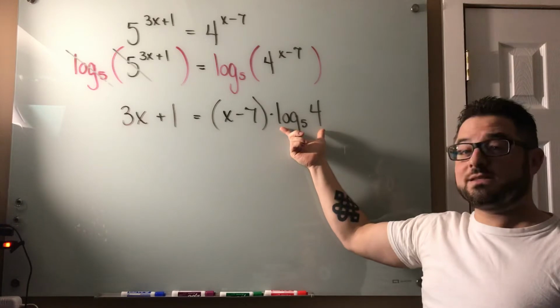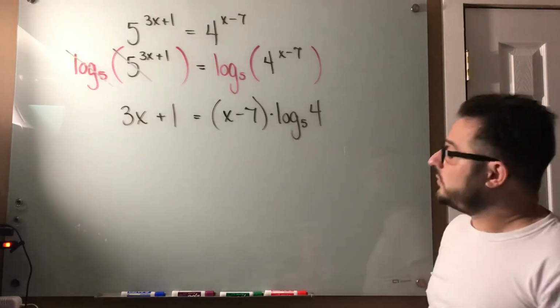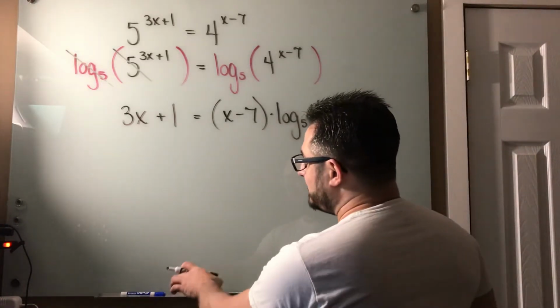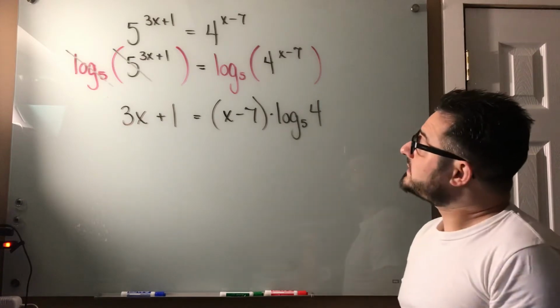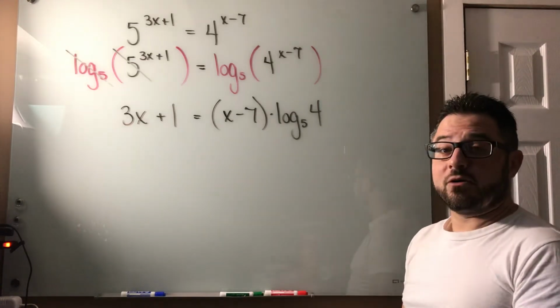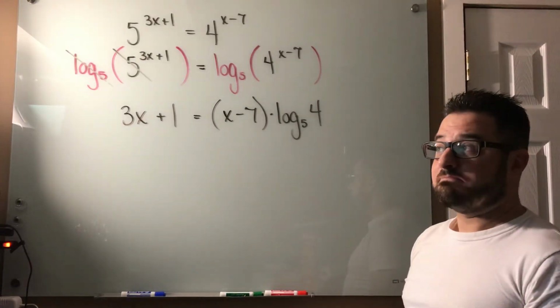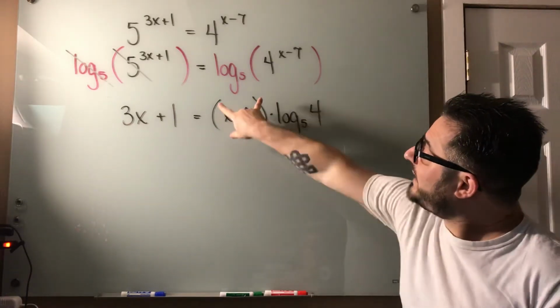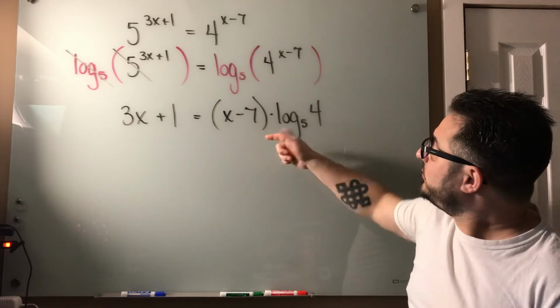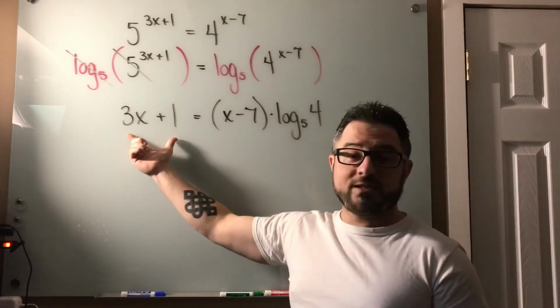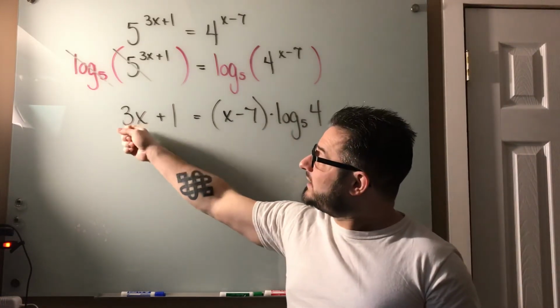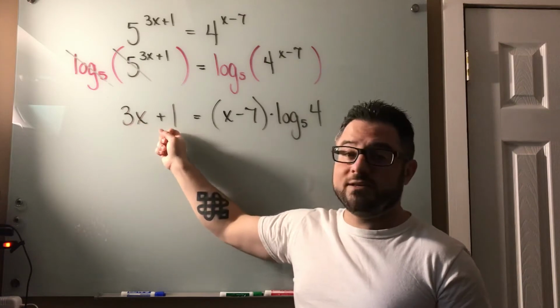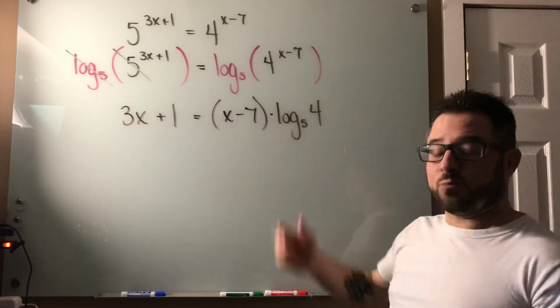This is a constant. So, like any linear equation, if we want to solve for x, we have to start by getting all the x's on the same side. But before we can even do that, we need this side to not have those parentheses around it. We can't just divide both sides by log base 5 of 4, because then we'd have to distribute it over here. So it's going to have to be distributed one way or the other.